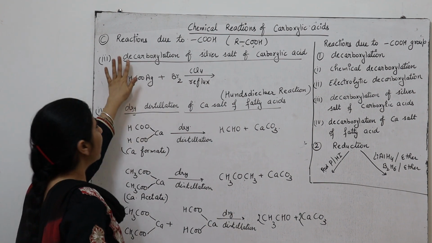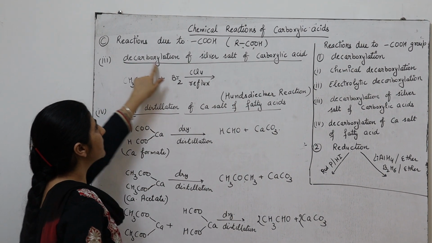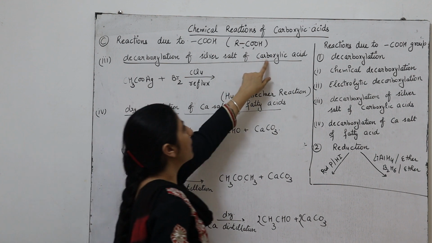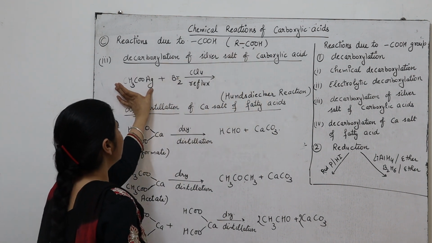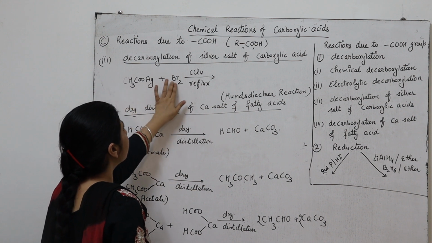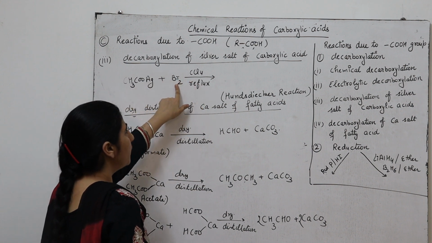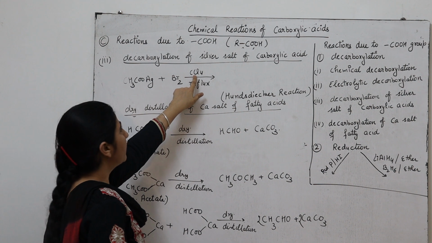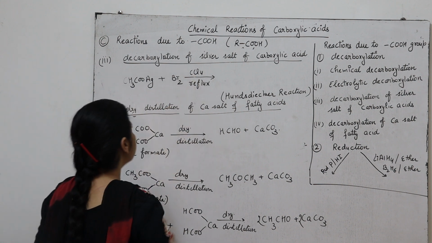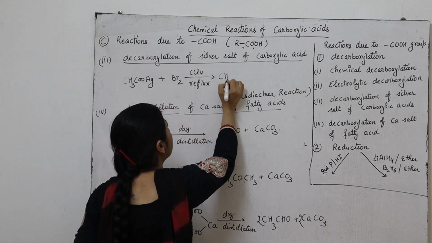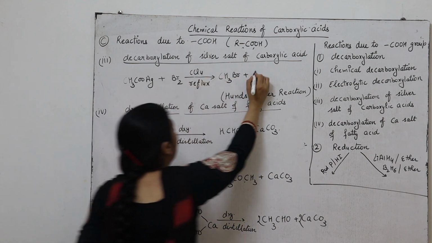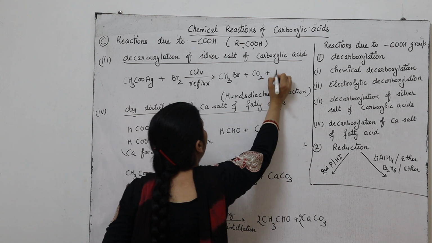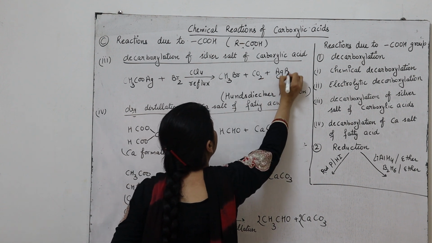The third type of reaction is the decarboxylation of the silver salt of carboxylic acid. Here we have silver acetate. On refluxing it with bromine in the presence of carbon tetrachloride, it gives methyl bromide plus carbon dioxide along with silver bromide.